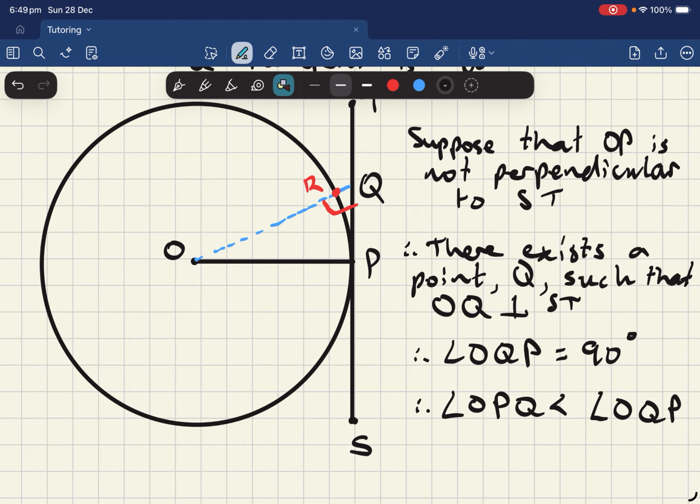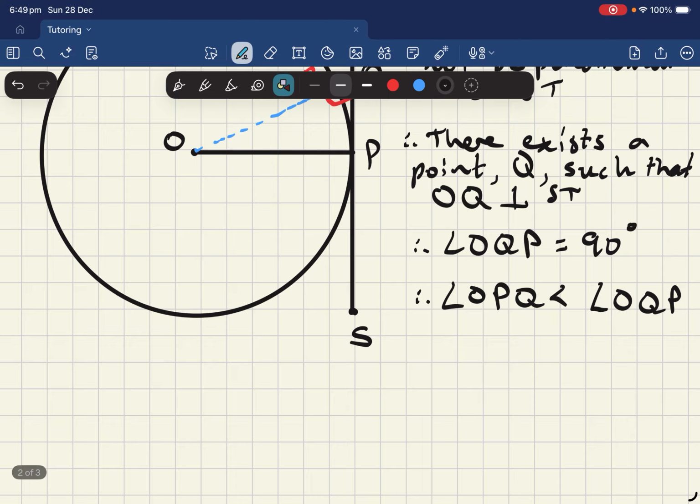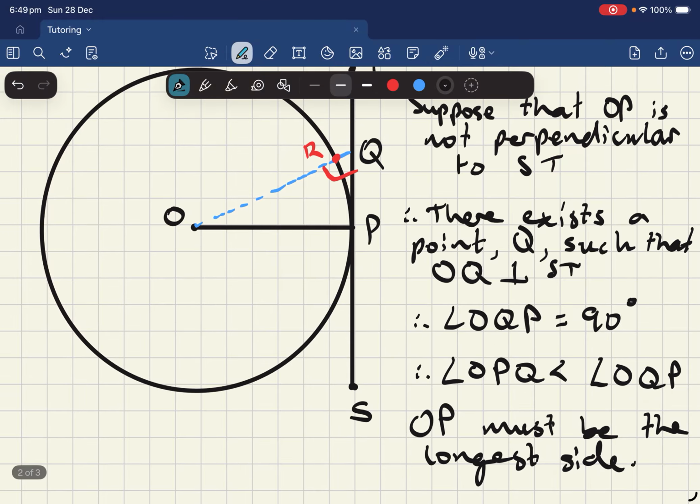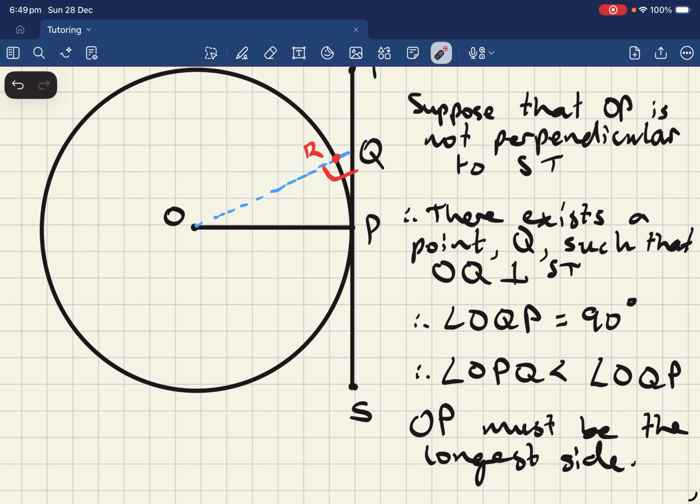So OP must be the longest side. But if we look at this picture, we can clearly see OP is the radius of the circle. OQ is the radius of the circle, hitting at this point R, and then some. So something's not adding up, right?